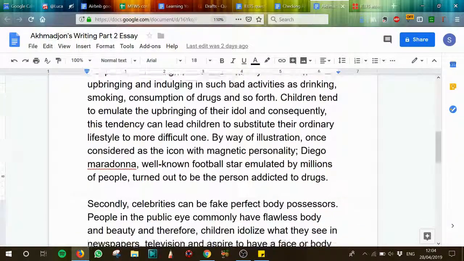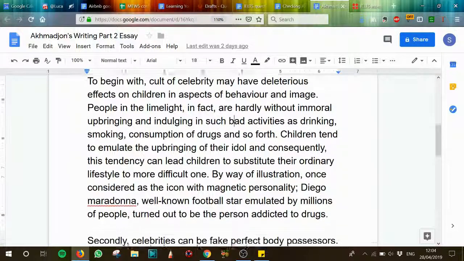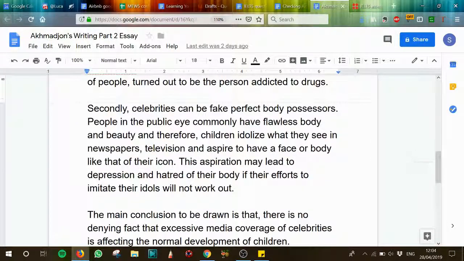In an essay, you want your style to be quite formal, and you want it to be consistently formal. So this means that all of the different words and phrases that you use have the same register, and they are all quite formal. And I think that is actually very true in Akmajon's essay.